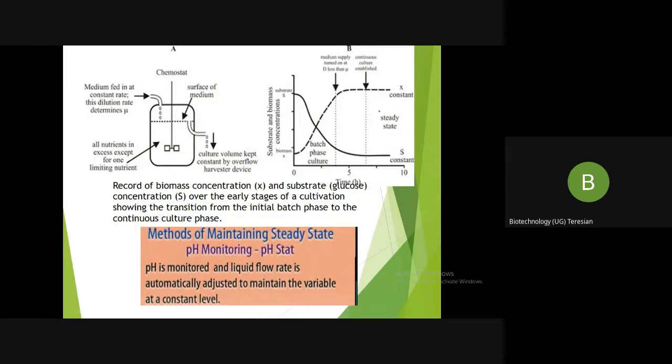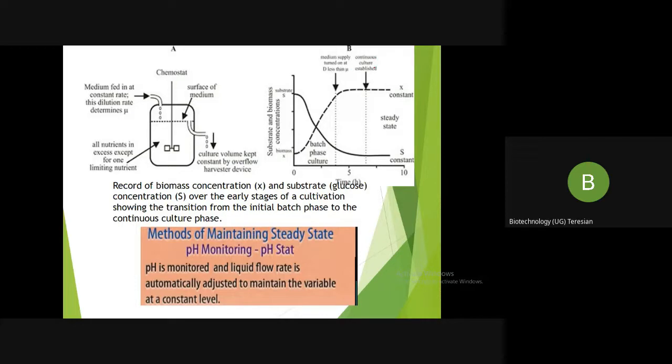So you see here, this is your batch phase, and your medium supply is turned on at D, then mu. So here medium supply is turned on. You're turning on the medium, fresh medium you're going to add, which is known as the dilution rate, which will determine the growth of the organism, mu.